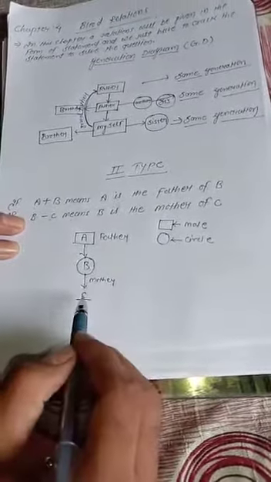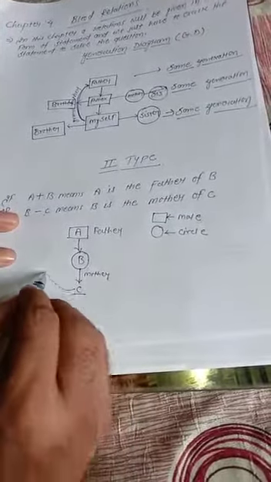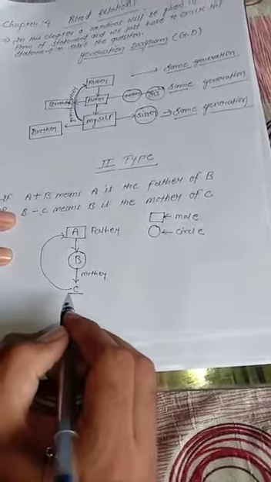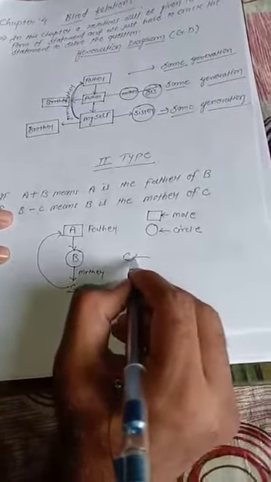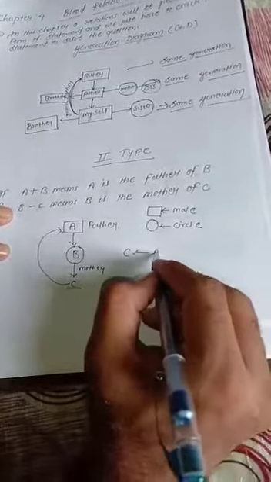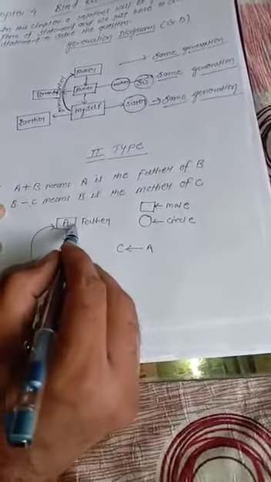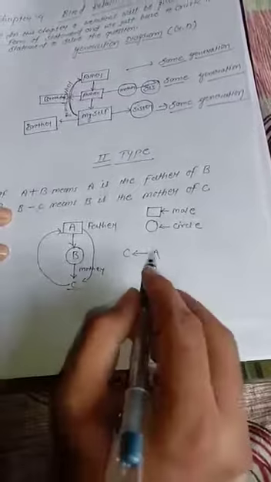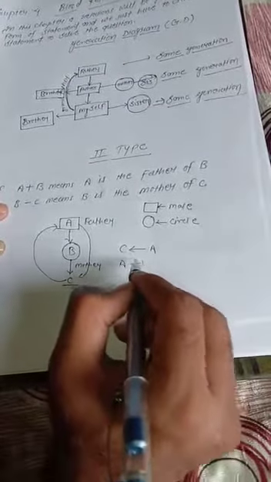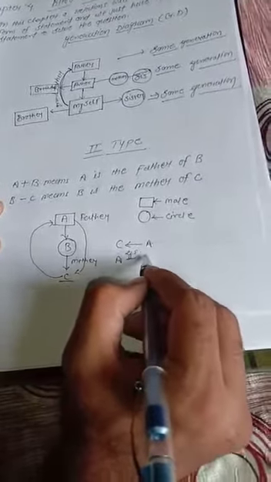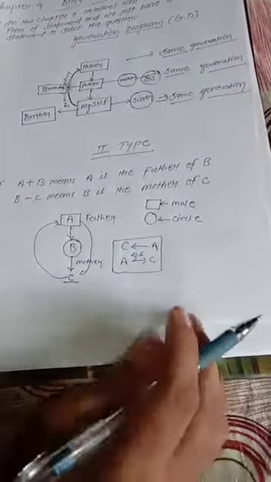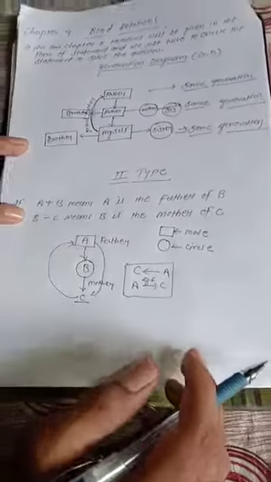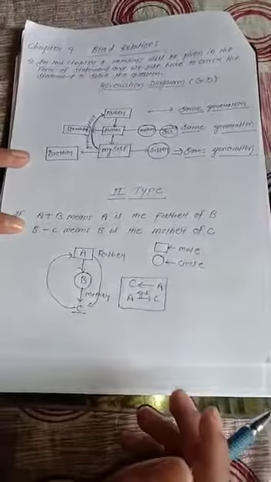Now with the help of this diagram we can say that c is the grandson of a, and in the reverse way you can say a is the grandfather of c. Now this is all for the introduction of blood relationship, and with the help of only these two things we will solve all the questions related to blood relationship.